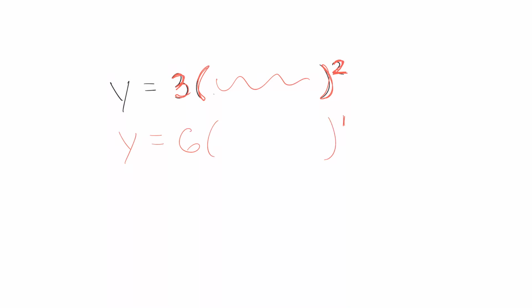Well, what was inside? Now I can't remember. Seriously, this is why I need people in front of me. What was inside? Hold on. Okay, it was 2x cubed plus 4x. So now I'm going to multiply by the derivative of the inside of the green part.